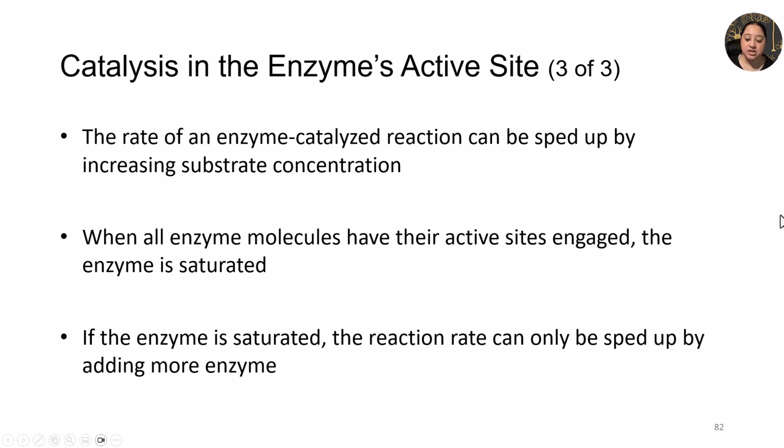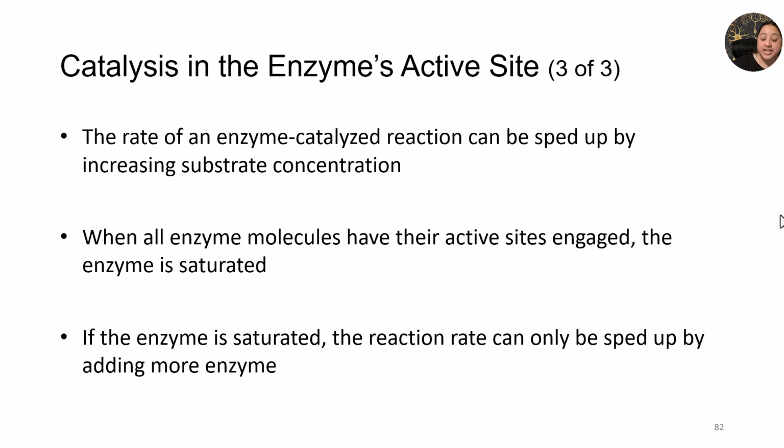Because as many enzymes are in there, they might not all be used, right? So like if you have a bunch of workers on staff, they might not all be actually being put to use. But if you add more substrate, then that gives more work for all the enzymes and the reaction happens faster.